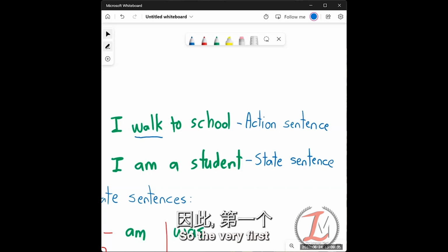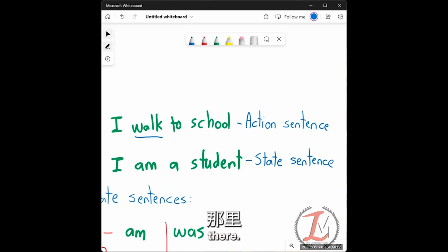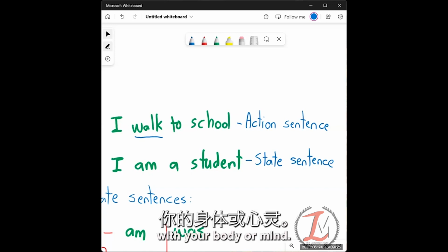So the very first difference between action and stative sentence is that for an action sentence, you must have an action there. For example, walk, talk, eat, sleep, any action that you can do with your body or mind.